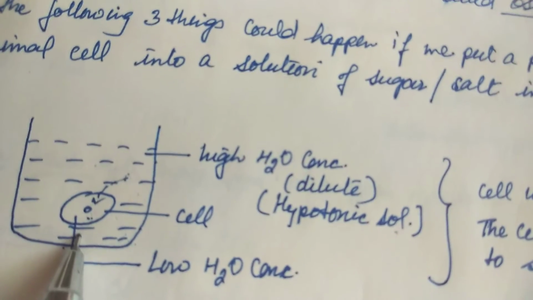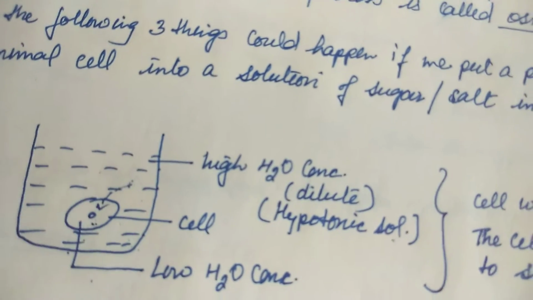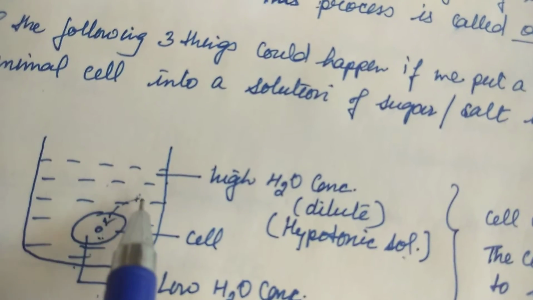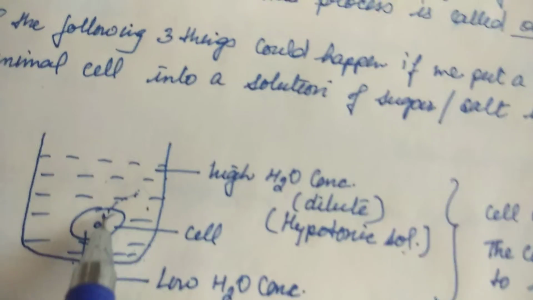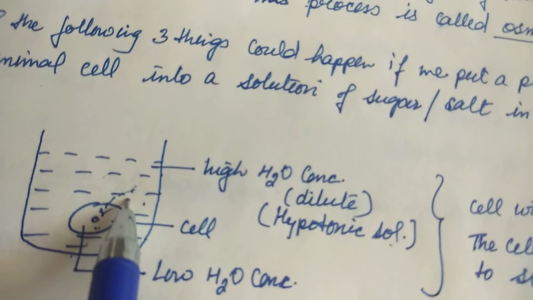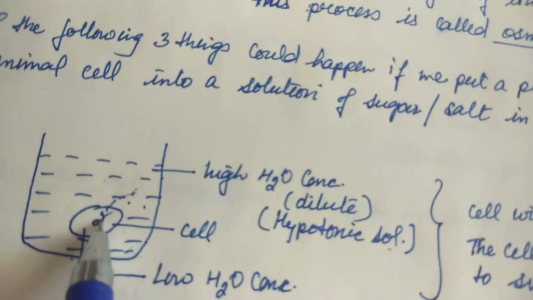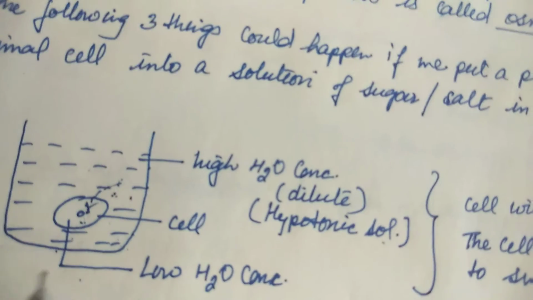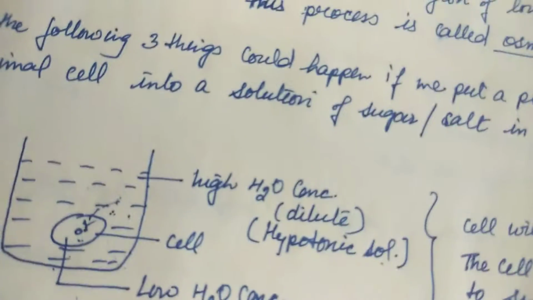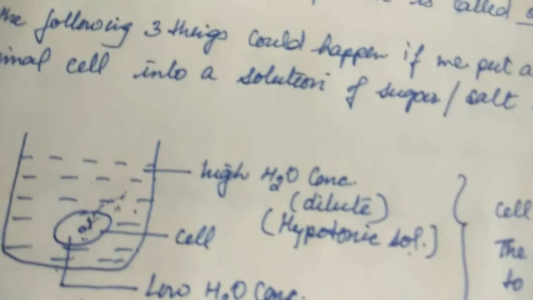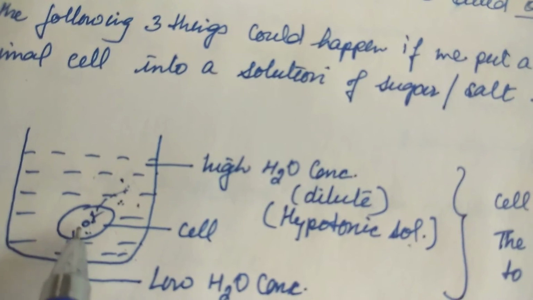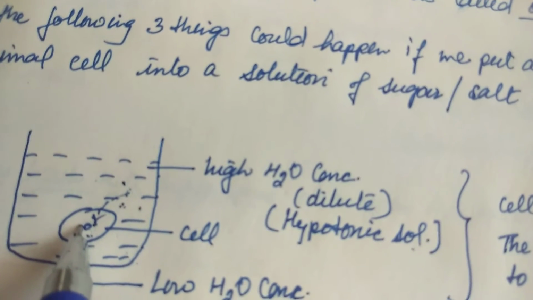So in this case, what will happen? How will the water move? Water will move in both directions. There is no restriction in the movement of water. Molecules will move inside the cell and move out of the cell. So what will be the net movement? The net movement of water will be from a region of high water concentration to a region of low water concentration.